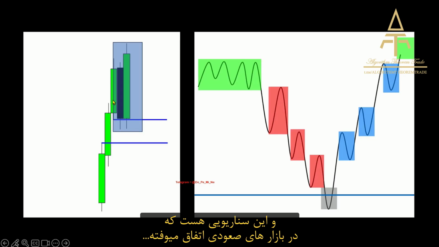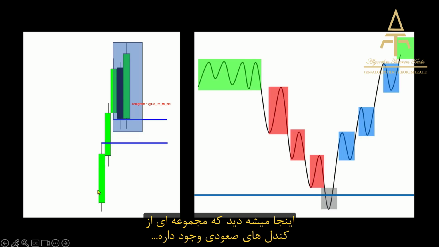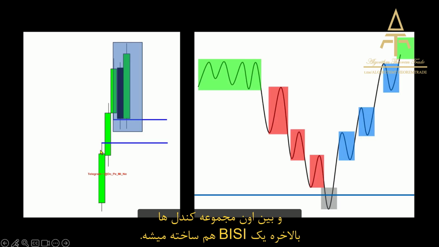And this is a scenario that you will notice unfolds in very bullish markets in which there's a lot of speed and velocity behind the markets, so that it's in a rush to get somewhere. What you will notice then is that there are a series of consecutive up close candles, and between those consecutive up close candles there will be the creation of a BC.